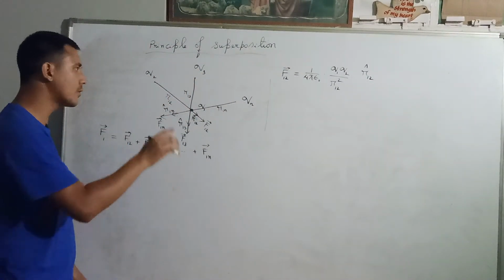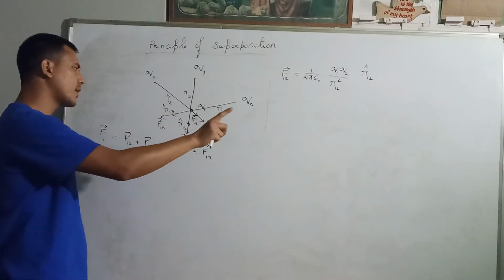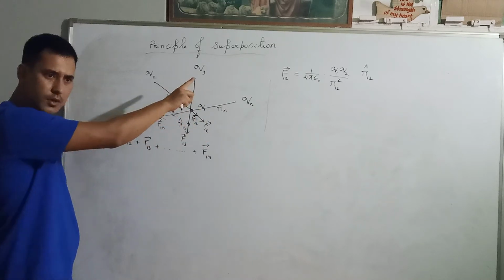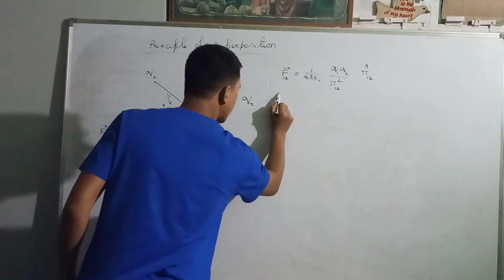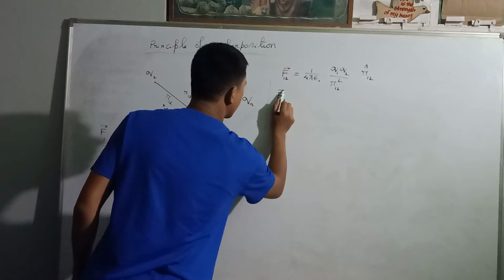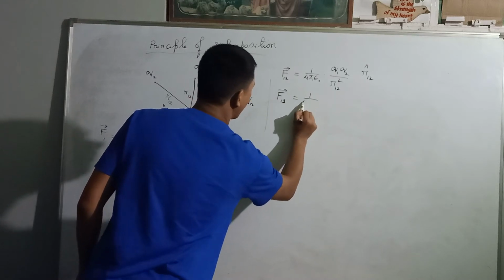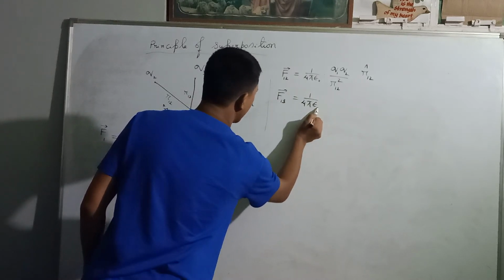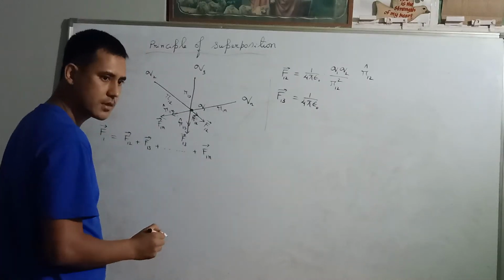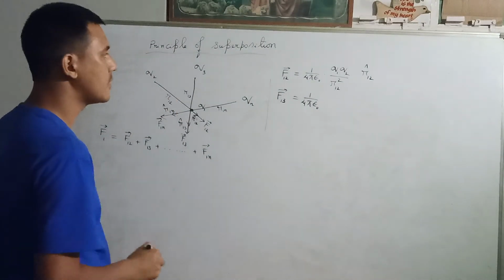Similarly, using Coulomb's law, I can find out the force acting on Q1 due to Q3. Similarly, we can write F13 is equal to 1 by 4 pi epsilon naught, because we have placed the charges in free space. So epsilon naught is the permittivity of free space.